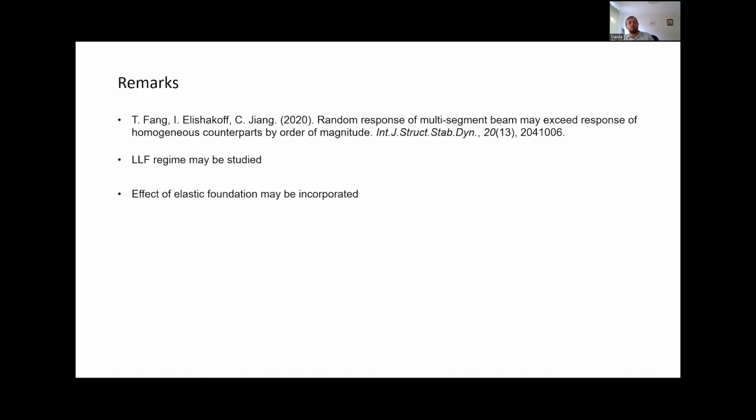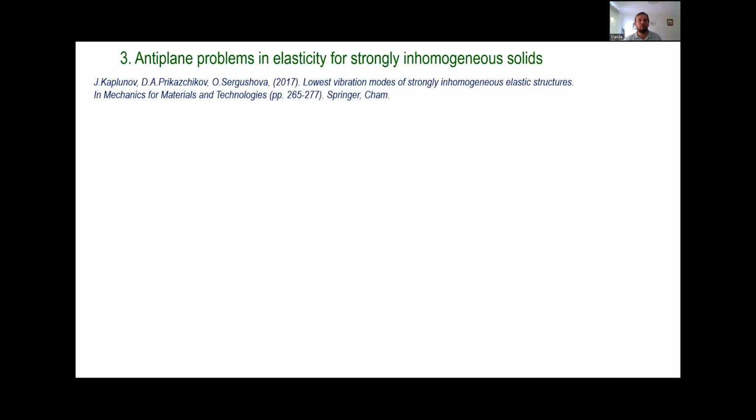We could also consider incorporating the effect of elastic foundation for these beams, or for some parts of these beams. And certainly could study other types of boundary conditions, but here we looked at the 2 most typically occurring for beams, the free ends and the simply supported ones. Okay, so I guess that's enough about beams.